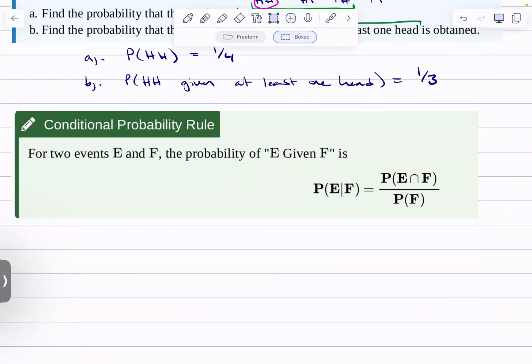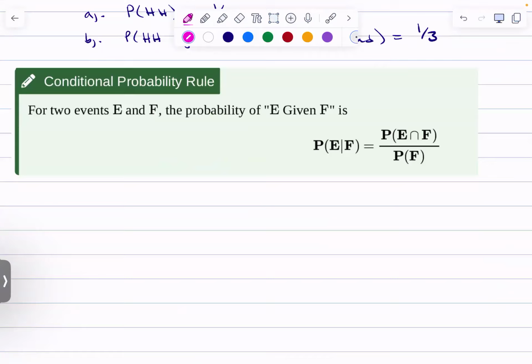So if we have 2 generic events, E and F, then the probability of E given F, which is what we've been solving, is first off written like this. The given is denoted by this vertical bar.